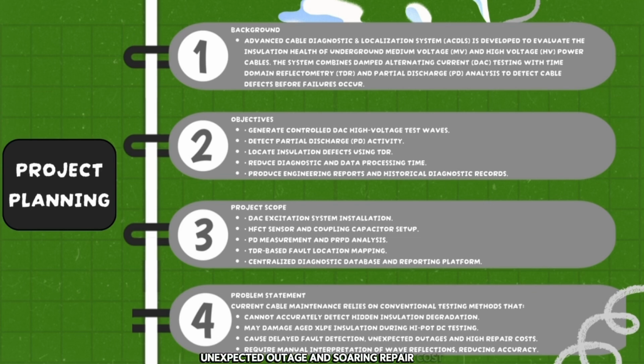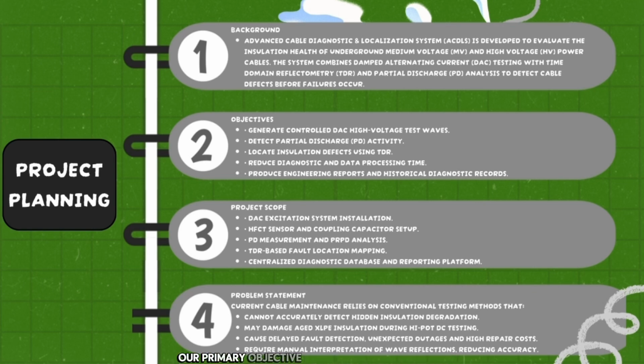and soaring repair costs. To solve this, we developed the ACDLS system, combining alternating current DAC testing with time domain reflectometry (TDR) and partial discharge (PD) analysis to identify and locate defect before catastrophic failure occurs.